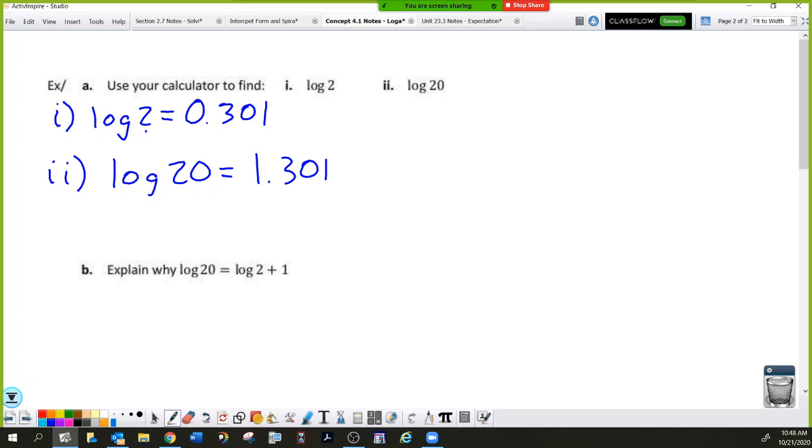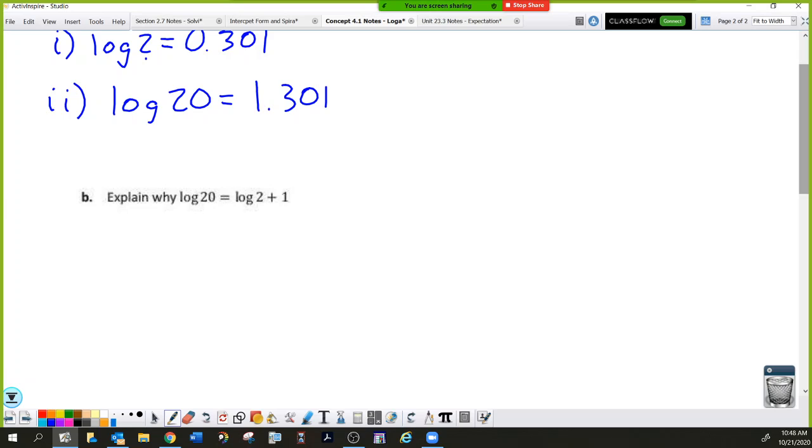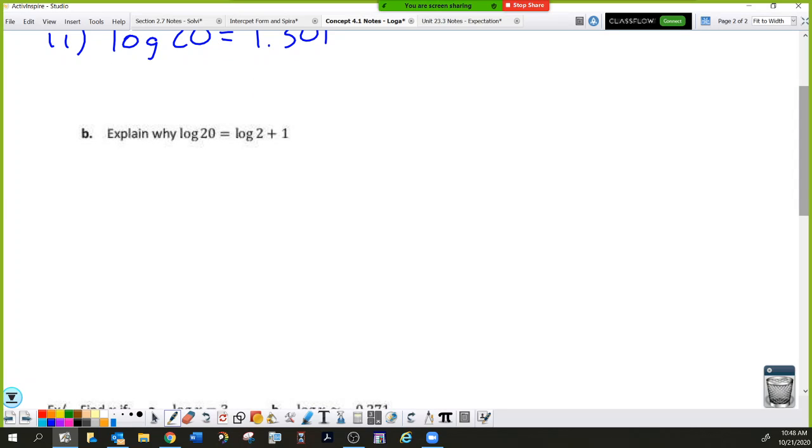Okay, so part B says, explain why this was true. Explain why it's true. And I go, okay, well, here's why. See, how do I do this without cheating and using future knowledge? Log of 20, let me use parentheses, is the same thing as saying log of 2 times 10.